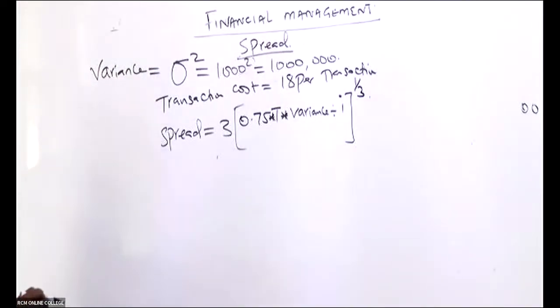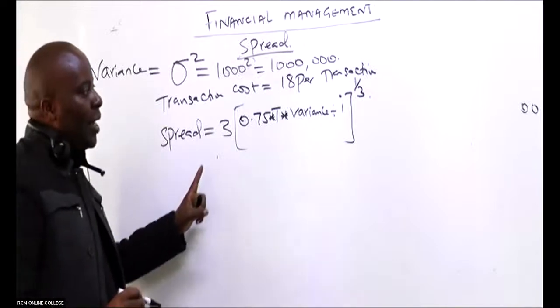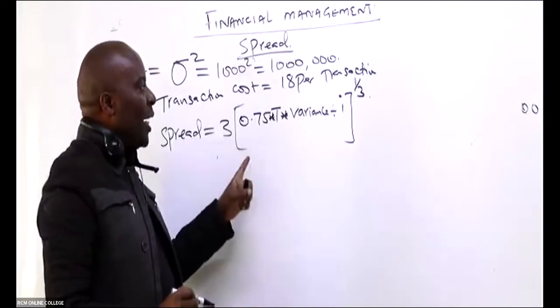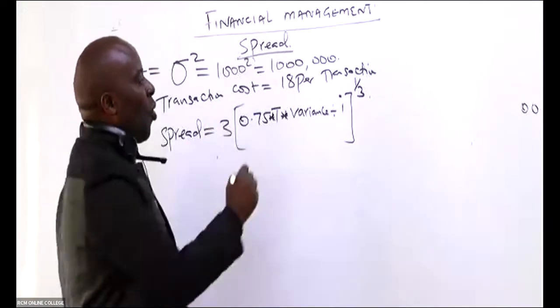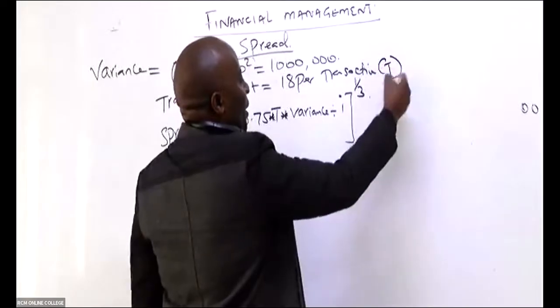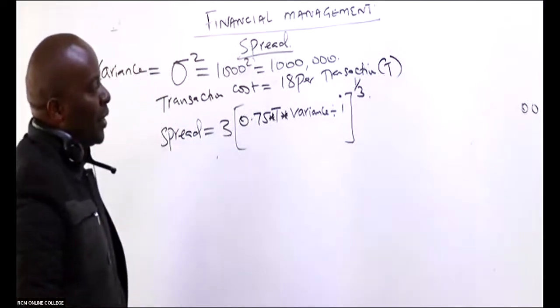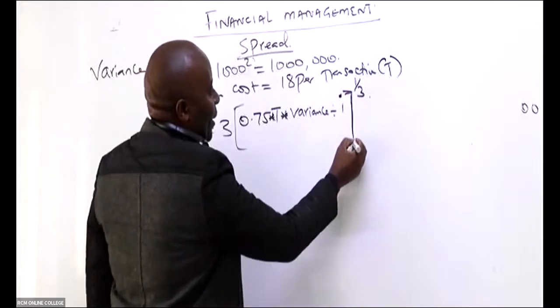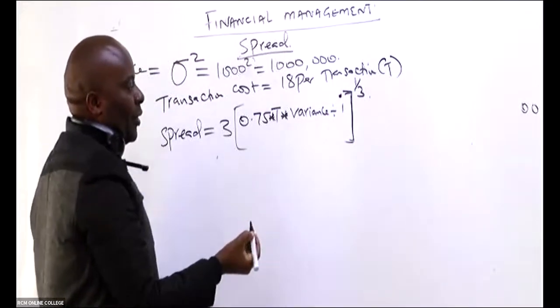So to get the spread, you take 3, and then inside here, you take 0.75 times this transaction cost, what we call T, times the variance divided by capital I, where capital I is the daily interest rate.